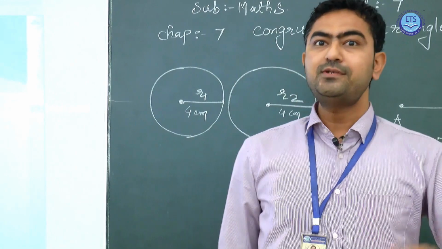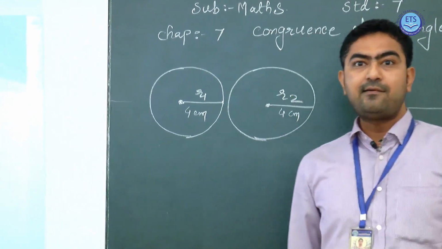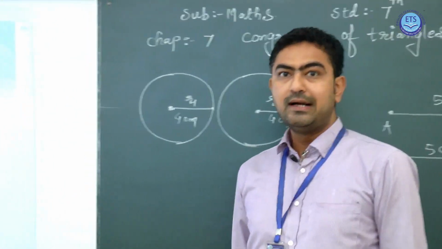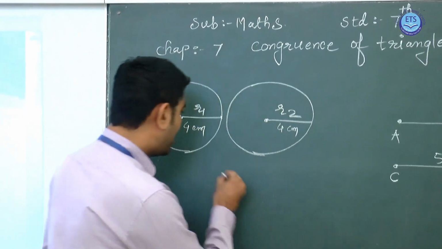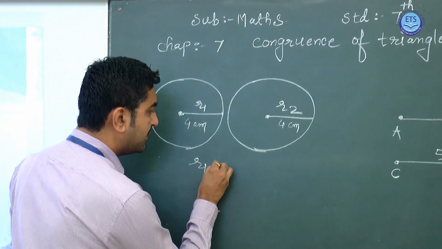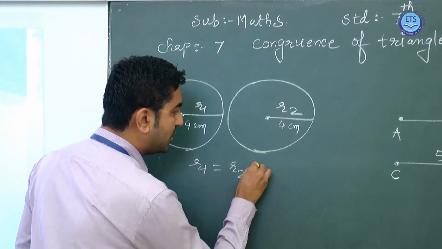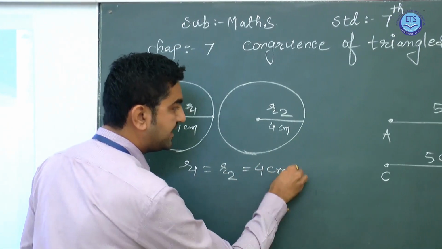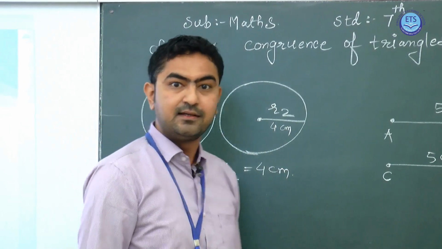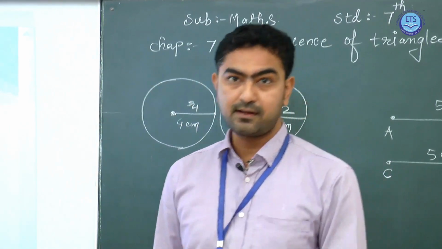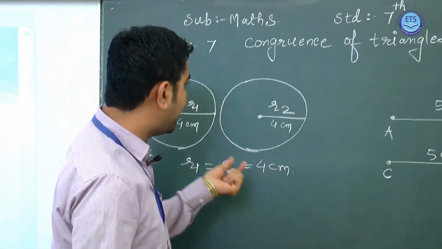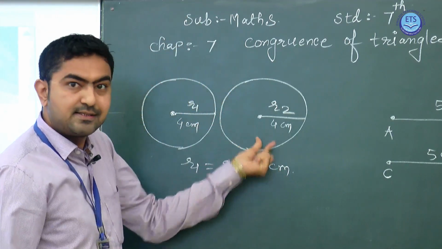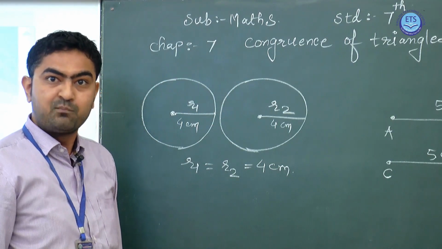Now in these two circles, the radius R1 and radius R2 have the same measure. So you should write R1 equals R2 equals 4 centimeter. Their lengths have the same measure. So in that condition you can easily say that these two circles are congruent.